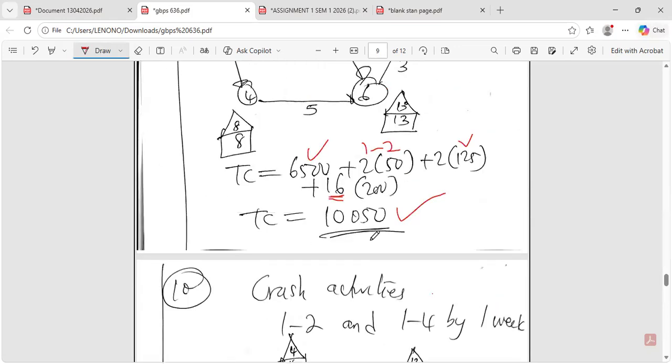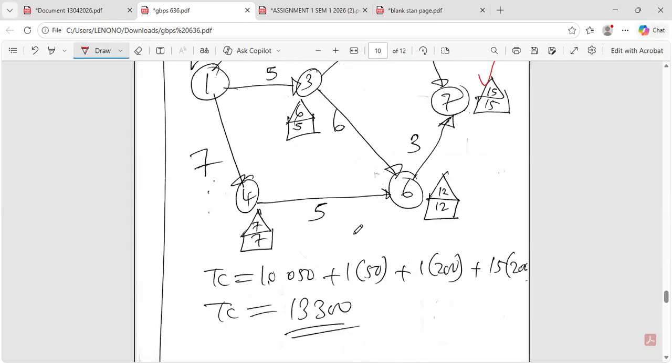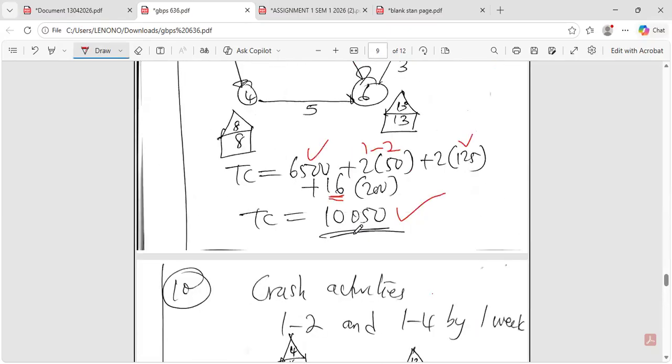So this cost of 10,050, you keep on incorporating it.